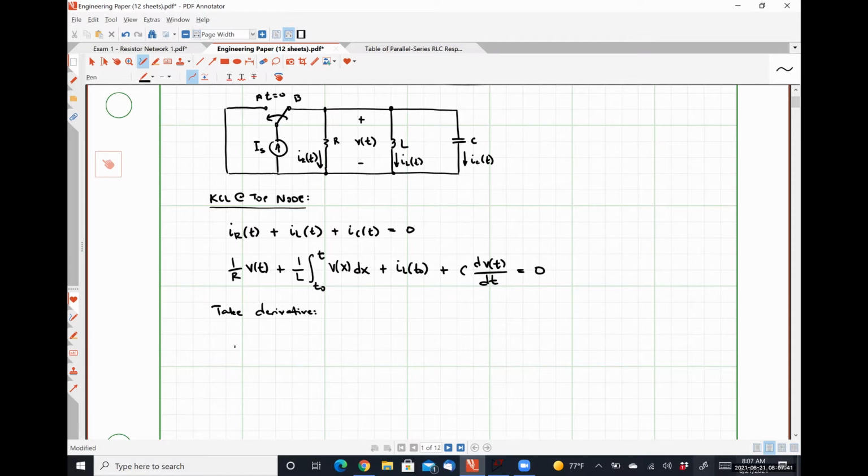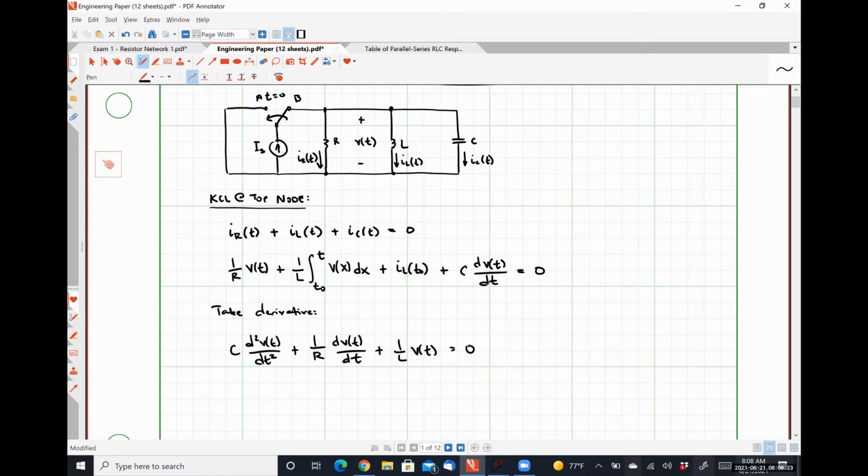So I'm going to have C times the second derivative of the voltage plus 1 over R times the first derivative of the voltage plus, so when I take the derivative of the integral, I just wind up with 1 over L times the voltage expression itself. And when I take the derivative of that initial condition, which is just a constant value, it goes to 0.